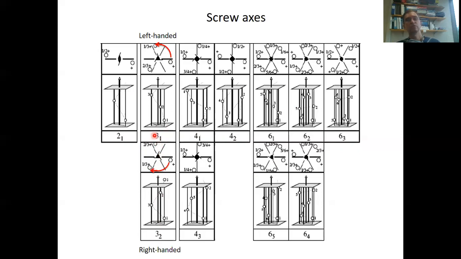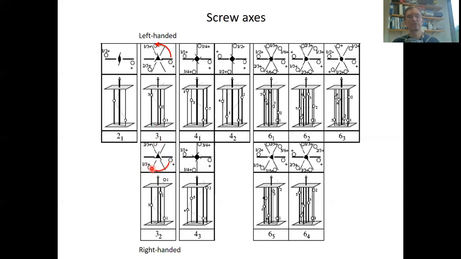By definition, we always rotate counterclockwise. So the 3-1 would be associated with the counterclockwise rotation, whereas the 3-2 would also be associated with the counterclockwise rotation, but we would translate by 2/3 of the lattice parameter, which corresponds actually to a translation in the opposite direction.